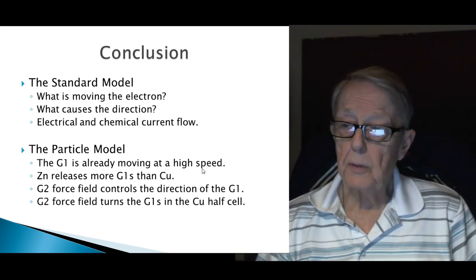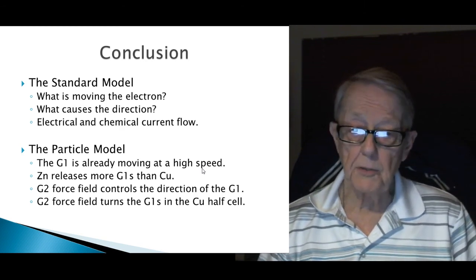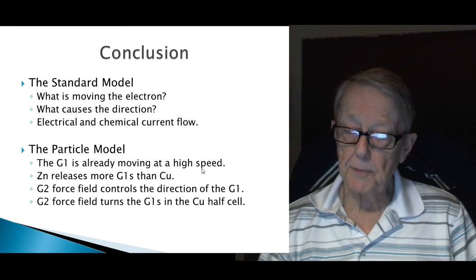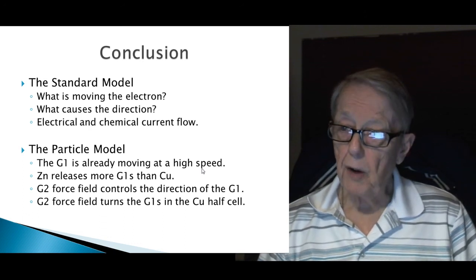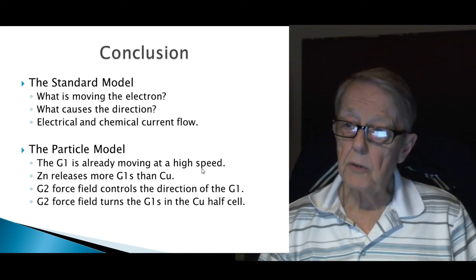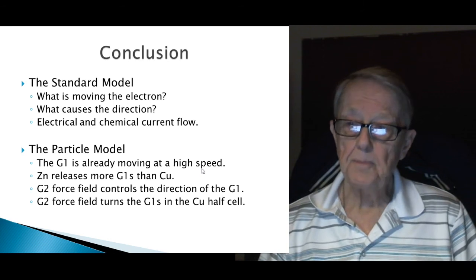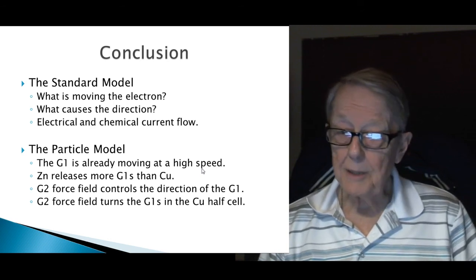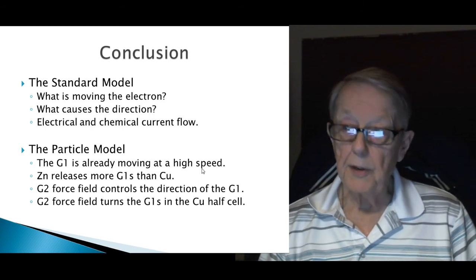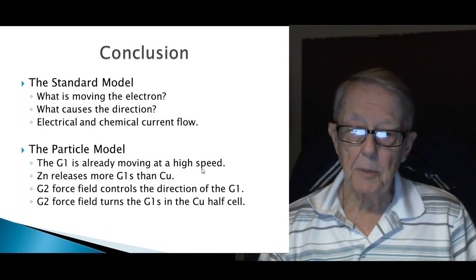The G2 particle and a force field has always been what controls the flow of G1s. In refraction, when I first brought that up, it was the G2 particle that causes the light to bend. If it can cause a light to bend there, it can cause it to turn corners and move in different directions inside the battery.